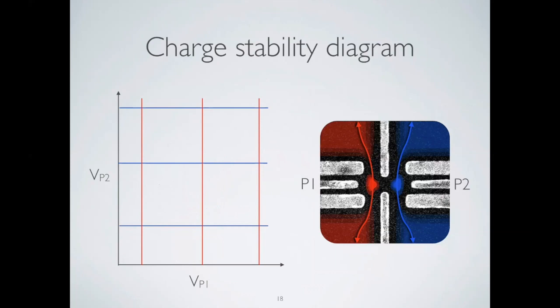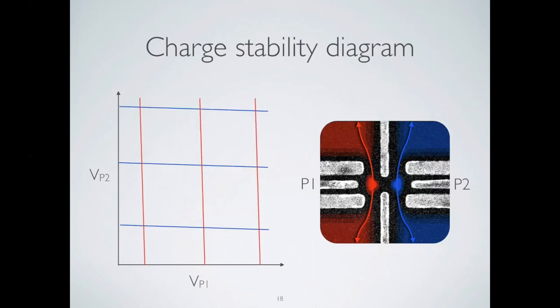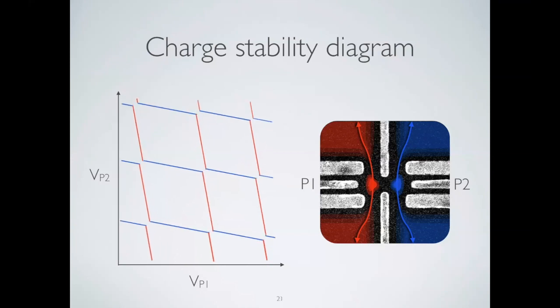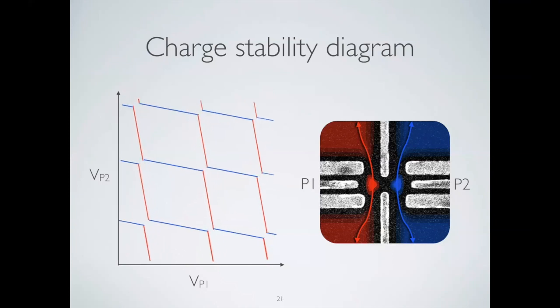But in fact, each of these capacitively couples to the other. So these become diagonal lines. And then because of the interdot charging, you can't add 2 electrons for an infinitesimal cost in voltage. So we also have to take that into account. And this is what, on a cartoon level, you would expect to see for the stability diagram.